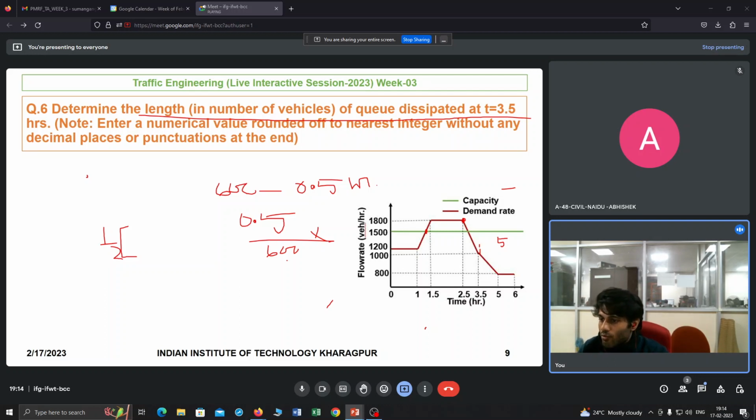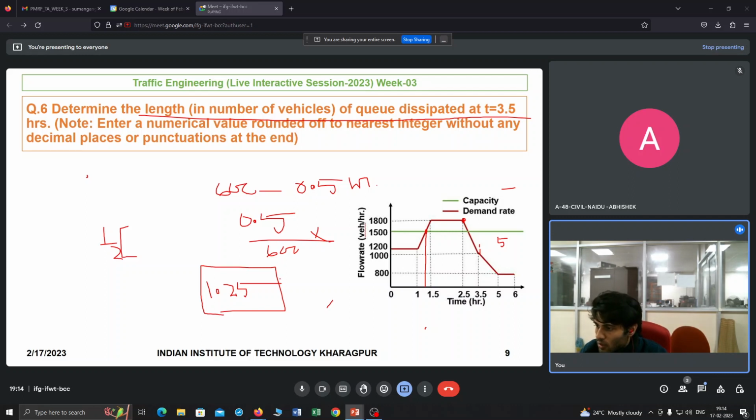So 0.25, and 1.25, because this is 1, and 12 to 18 is 600, which is 0.5 hours, and 12 to 15 means 3 only, half, so 1.25, right?